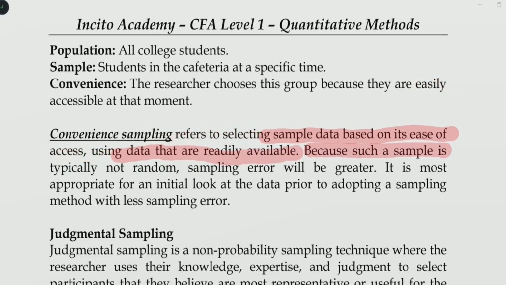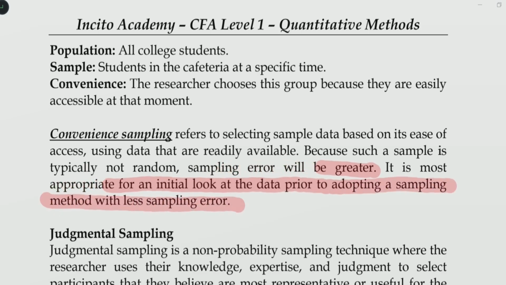Because such a sample is typically not random, sampling error will be greater. It is most appropriate for an initial look at the data prior to adopting a sampling method with less sampling error. Now that was about convenience sampling.